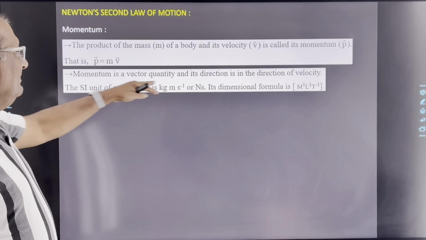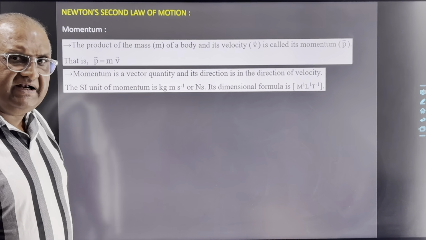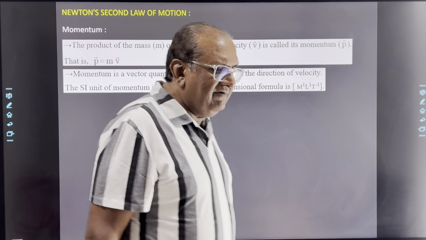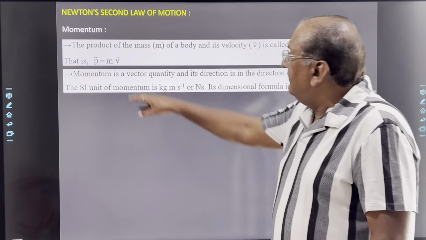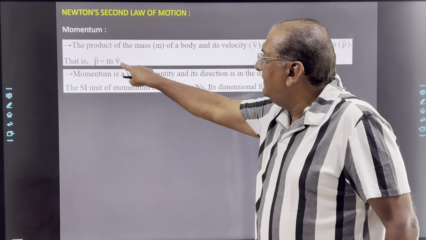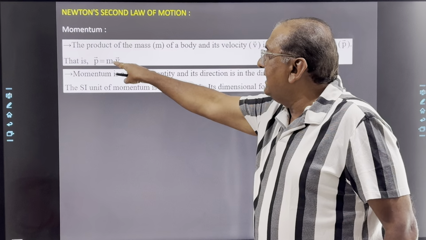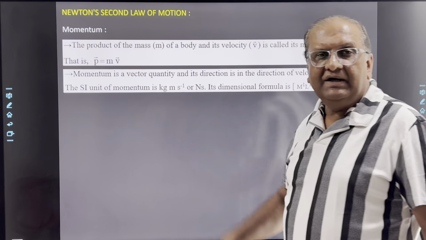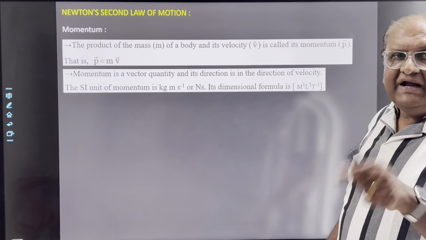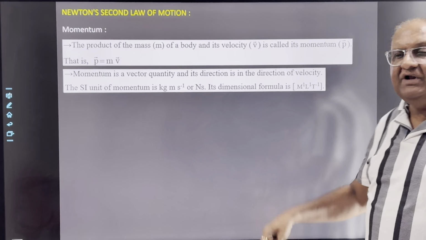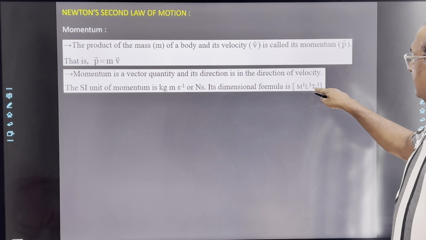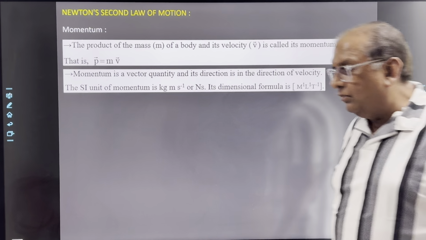Now momentum is a vector quantity, as we discussed, and it is in the direction of the velocity. From this we can understand the SI unit of momentum, that is kilogram meter per second. And from that you can write the dimensional formula, that is M1 L1 T minus 1.